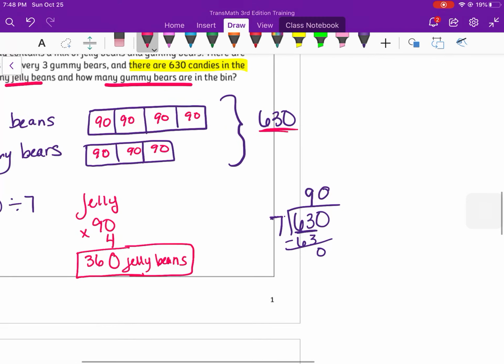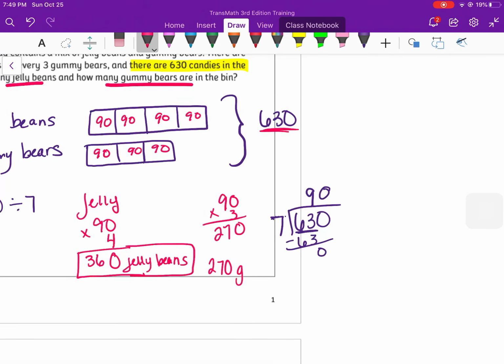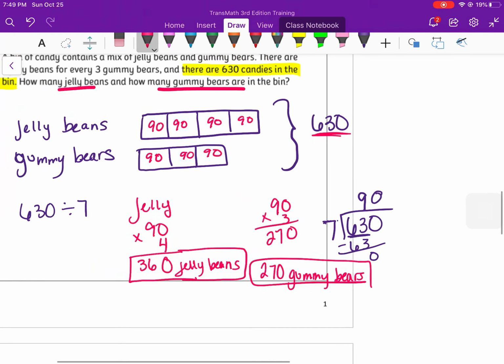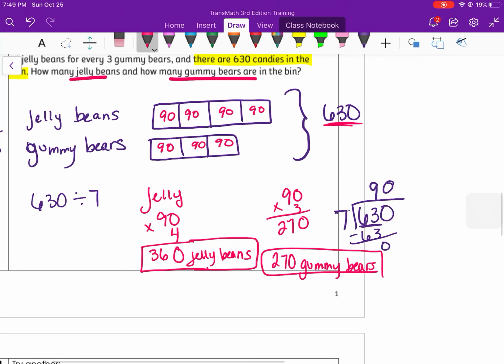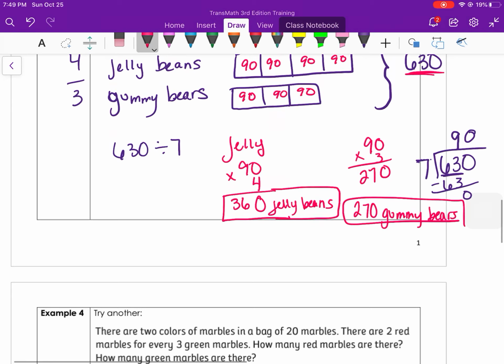And then for gummy bears, there's 3 90s. So 90 times 3. 3 times 0 is 0. 3 times 9 is 27. So there's 270 gummy bears. And if you were to add those two together, they should make 630 altogether.